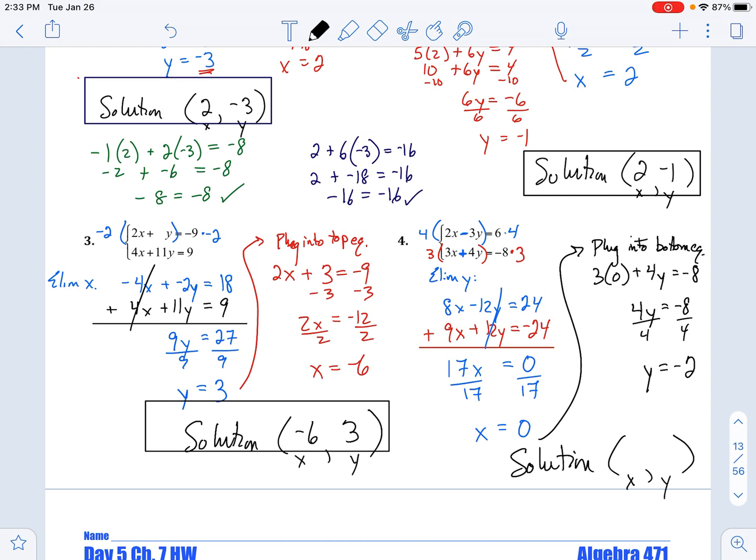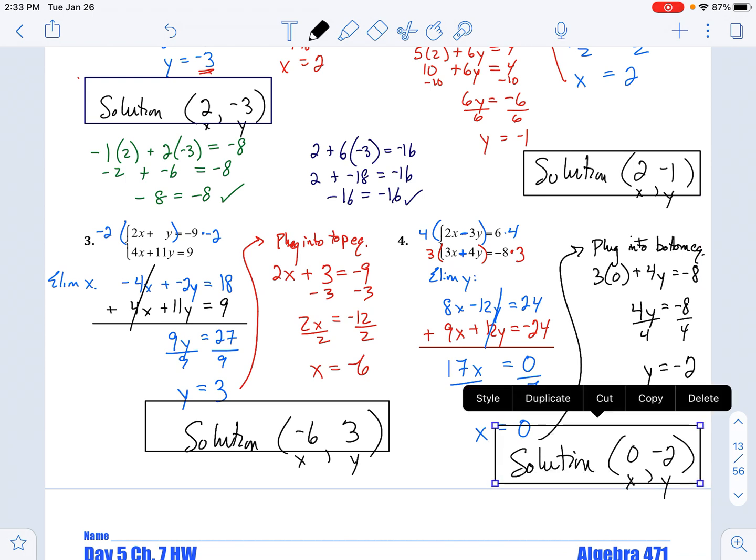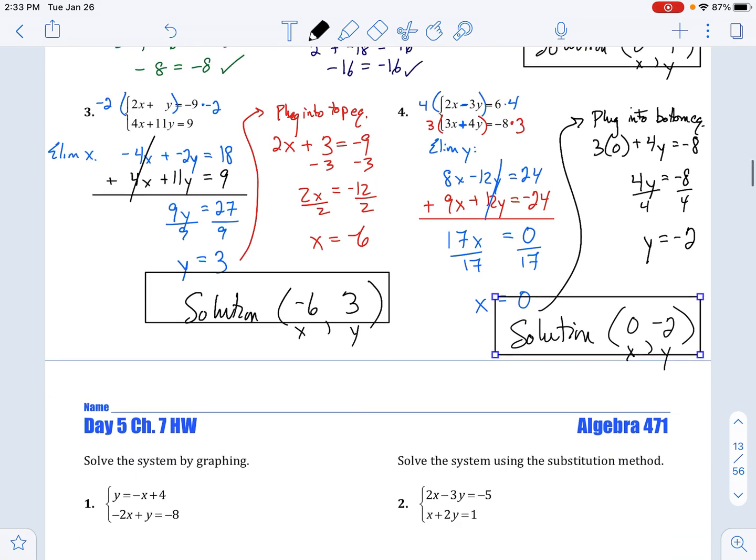Again, my solution is x comma y, which is 0, negative 2. If you'd like to verify that it works, check it in both the top equation and the bottom equation, and it will be a solution of each.